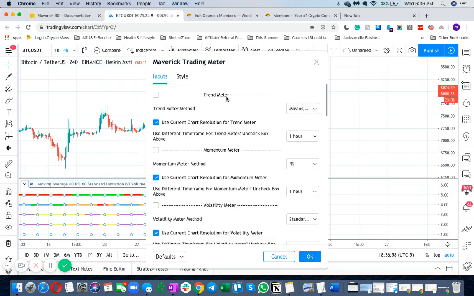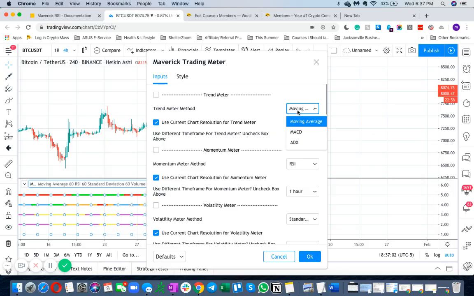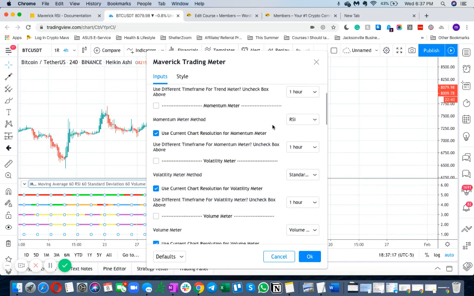So again, we have these four different categories, and we actually have three options for each category. For trend, we have moving averages, which could be a simple moving average or an exponential. We have your MACD and your ADX, or average directional index. Then for momentum, we have RSI, stochastic, and CCI.